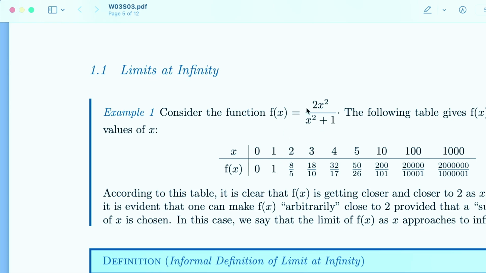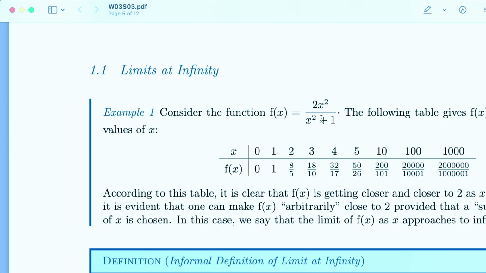If you choose 1, it's a simple calculation. I did it with a calculator. When I start increasing the values of x to very large numbers, of course here is 1000, a pattern reveals itself: the values of the function are getting closer and closer to a particular value, which in this case is 2. So we say that the limit of the function as x itself goes to infinity is 2.